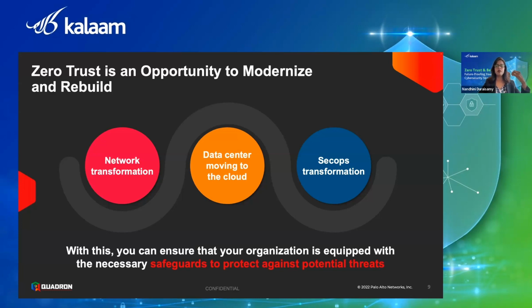Instead, it focuses on microsegmentation, where networks are divided into smaller, isolated segments. This reduces the attack surface and limits the lateral movement for potential threats, making the networks more resilient and secure. We will talk a little bit about the network transformation in the implementation part.